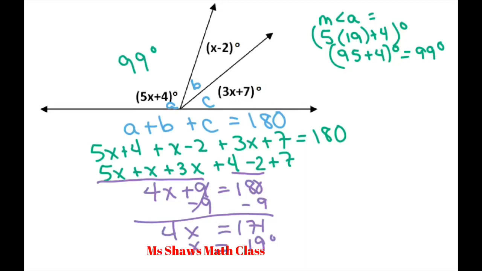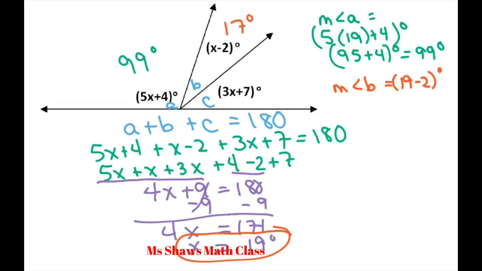All right, for the measure of angle B, we get x. Our x is 19, so substitute 19 minus 2 degrees, so that's going to be 17 degrees.